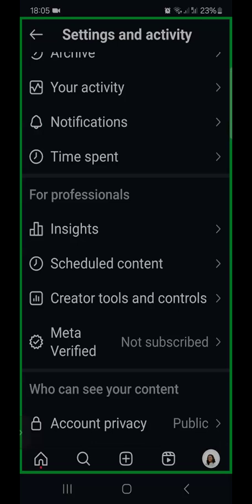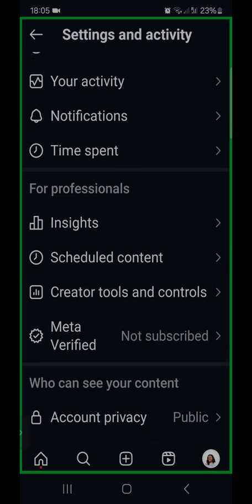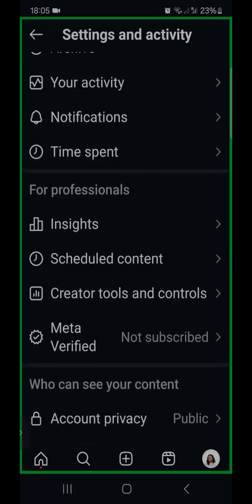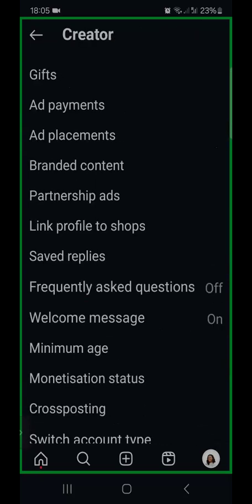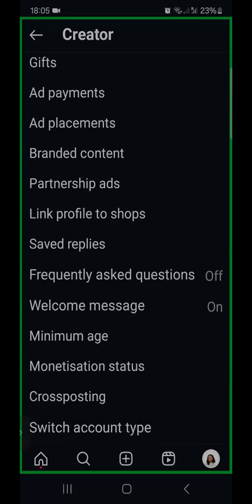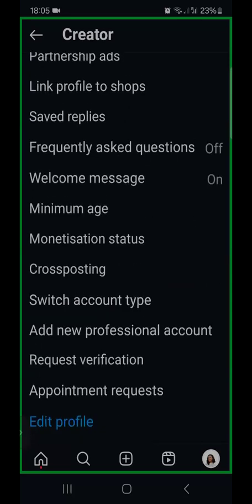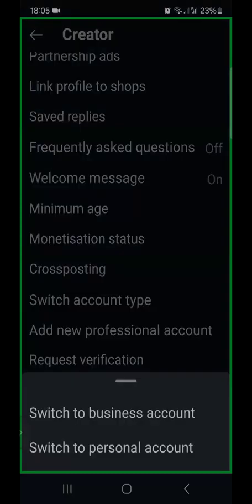So you won't have this for professionals tab over here that you can see. Right. Now, if I click on creator tools and controls, like I said, this is a creator account. If it was a business account, I would see business tools and controls. And if I scroll up, there's a point where you see switch account type. So you see switch to business account or switch to personal account.